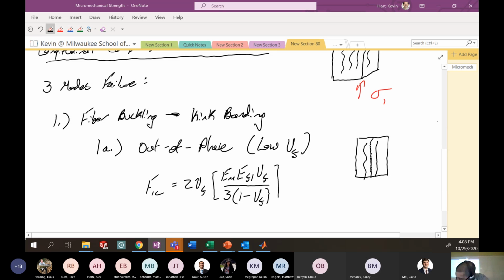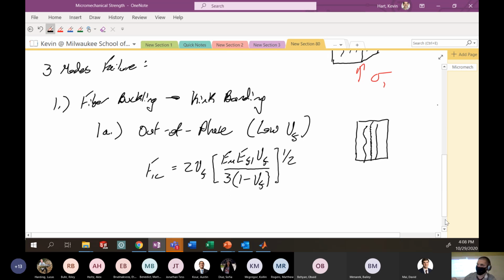This is all to the 1/2 power. This is for volume fractions like 15% or less-ish. This is my air quotes, 15%-ish.